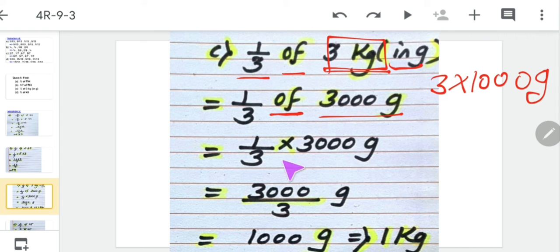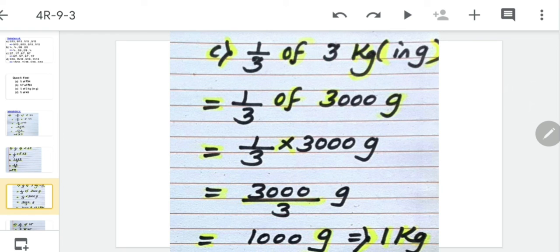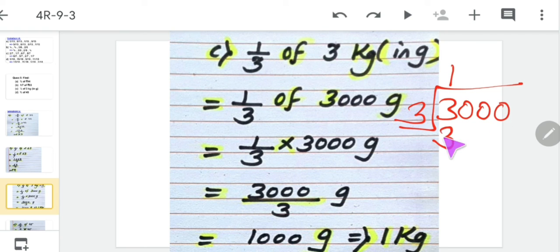Now in place of "of" we have to place a multiplication sign. Then 1 will multiply with 3000. So it will become 3000 divided by 3. Okay, now we have to divide 3000 by 3. So when we divide 3000 by 3, it will be 1 for 3. 3 multiplying with 1 gives us 3. When we minus 3 from 3, it will be 0.